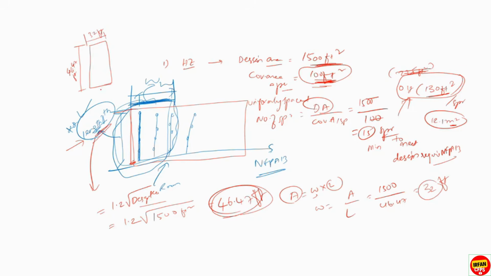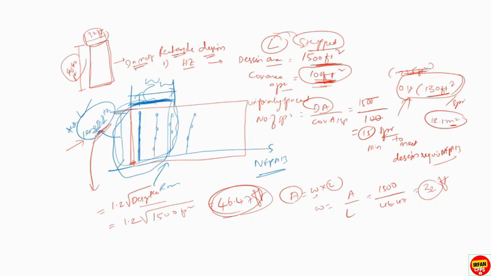If you have uniformly spaced sprinklers, you need to consider the design area in this way, and this will be a rectangular shape. In most cases, we will consider a rectangular shape for the design area. However, we will consider L shape and stepped shape as well. I will explain this in other slides.